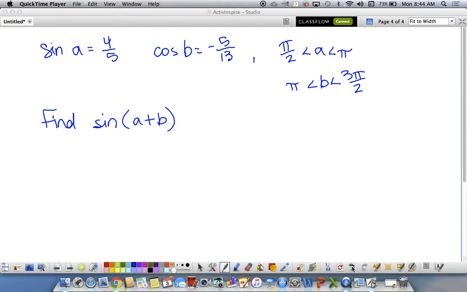They use an identity. They use a Pythagorean identity. Really, this is 5.3 and 5.4. 5.3 only dealt with cosine. 5.4 is sine and tangent.